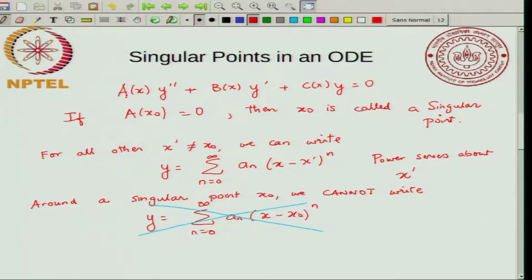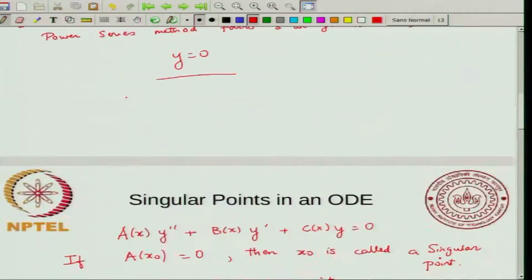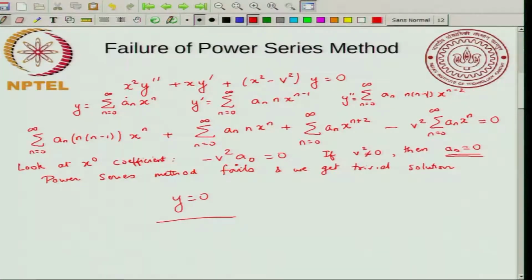Now go back to the equation that we had just looked at, x square y double prime. Clearly a is equal to x square. So in this equation you have a of x equal to x square and a of 0 equal to 0.